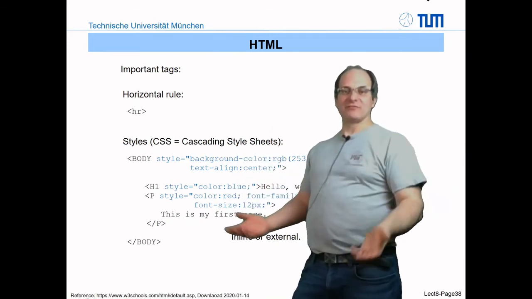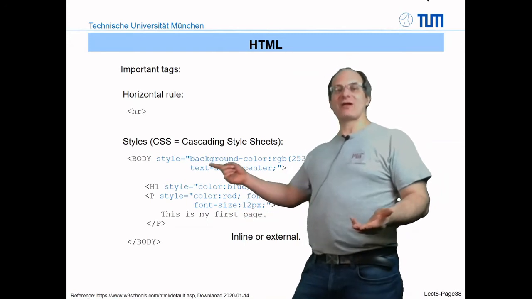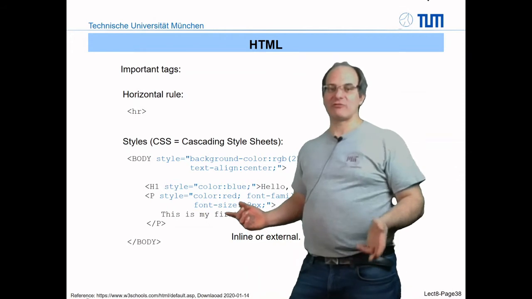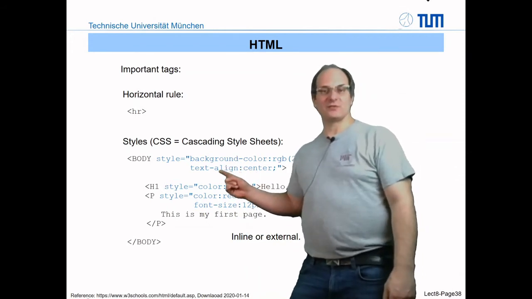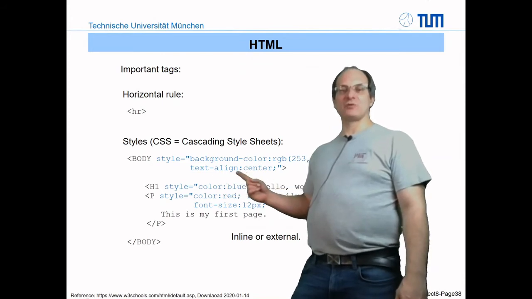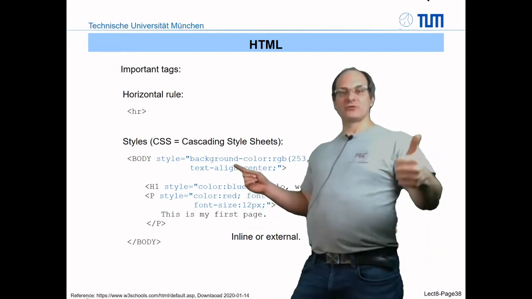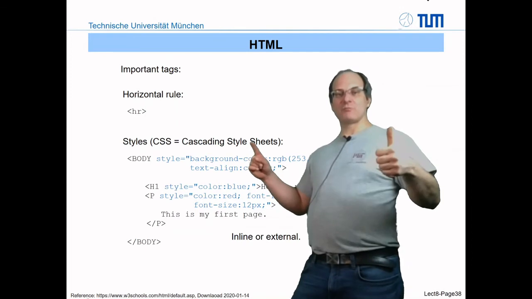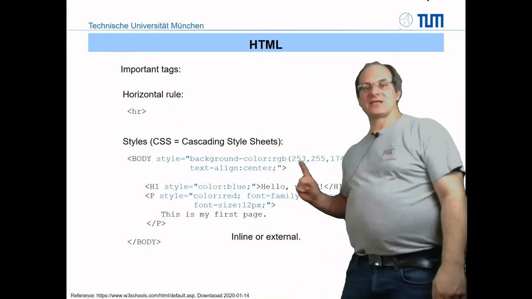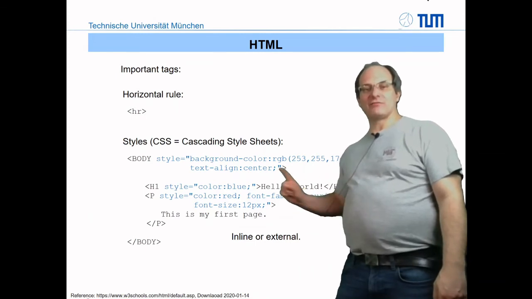In this case, the property names are again reserved words. So this is the difficulty for a beginner, to directly know everything that is possible. You have to use a book or the online references to find out what is possible. In this case, I use background color. Background color is the attribute name, so this is the first part of this definition pair, and the next one is then the value of this attribute.